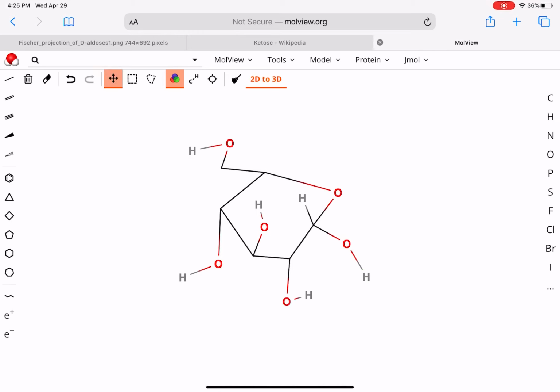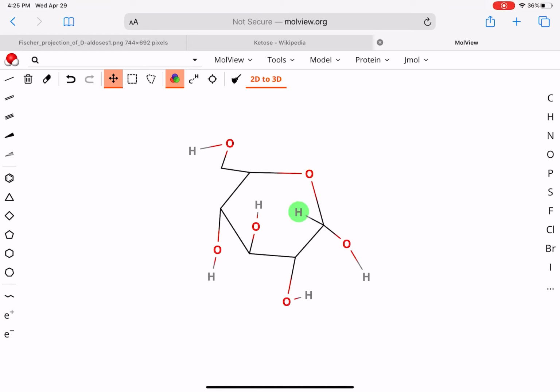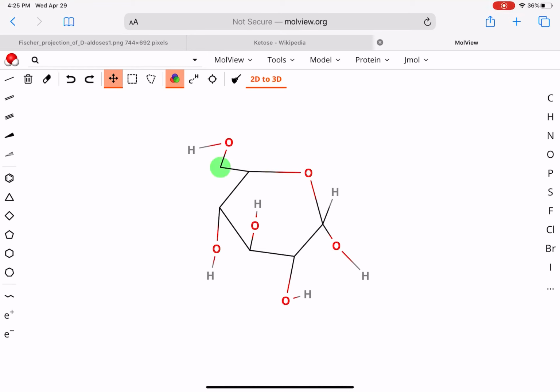And if I can pretty this up a little bit, we are going to see a really nice 6-membered ring. I just lost a carbon when I moved that bond around. There it is back. And so there it is.